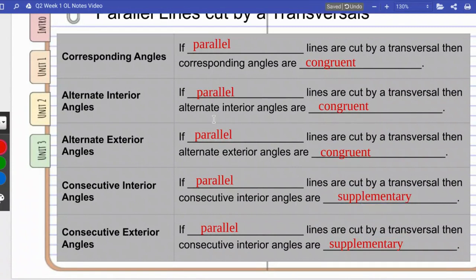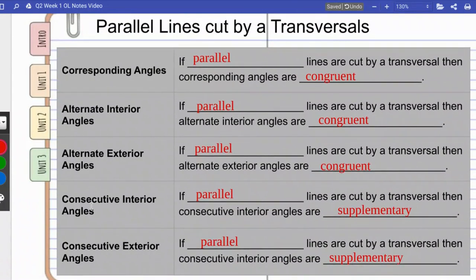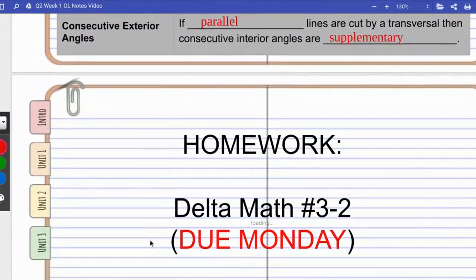These are rules. These are if-then statements, so these are my conditional statements. These are rules that you have to know. If you have these three angles, those angles are going to be congruent if the lines are parallel. If you have these two different types of angles down here, the last two, if you have parallel lines cut by a transversal, those angles are going to be supplementary.